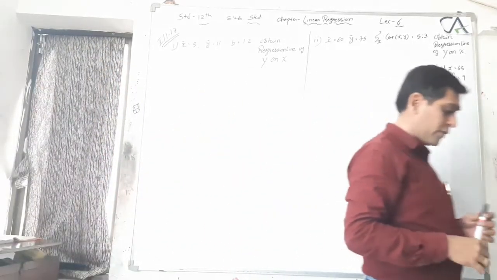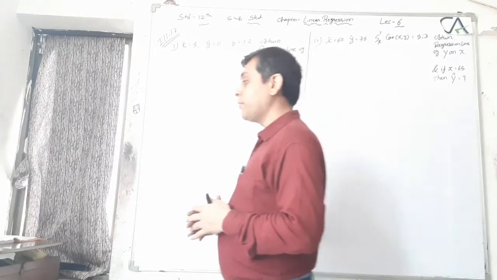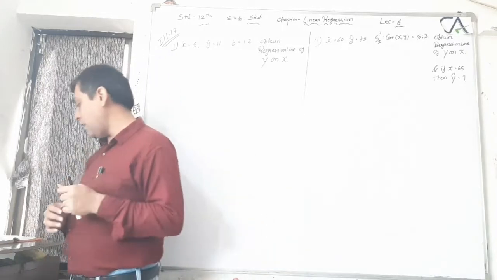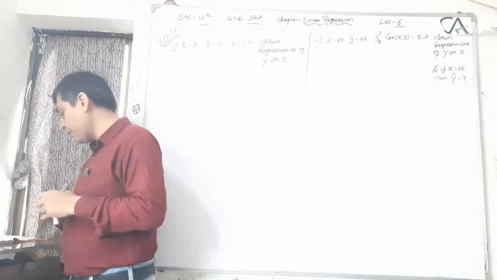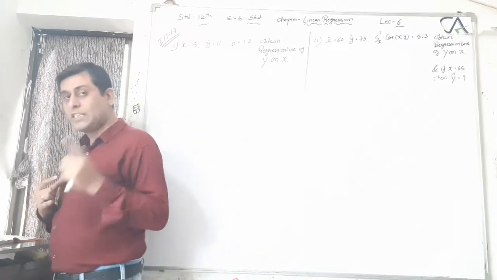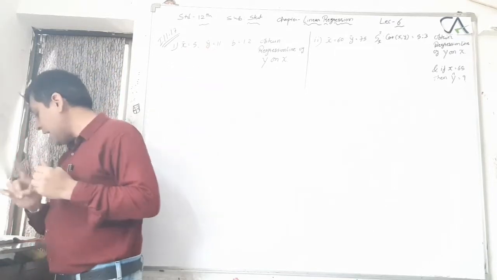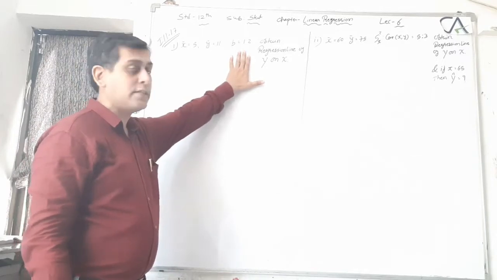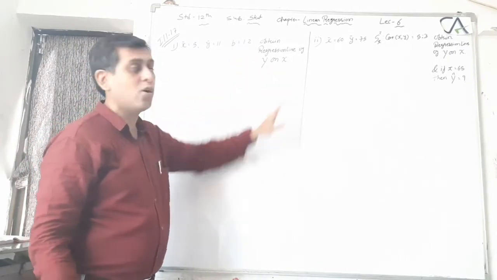Okay guys, now move forward to illustration number 17. Sixteen is your short sums like this; 17 is also a short sum, part 1 and part 2. Illustration number 17, part 1: if x bar is equal to 5, y bar is equal to 11, b is equal to 1.2, that is b y x, then obtain the regression line of y on x.